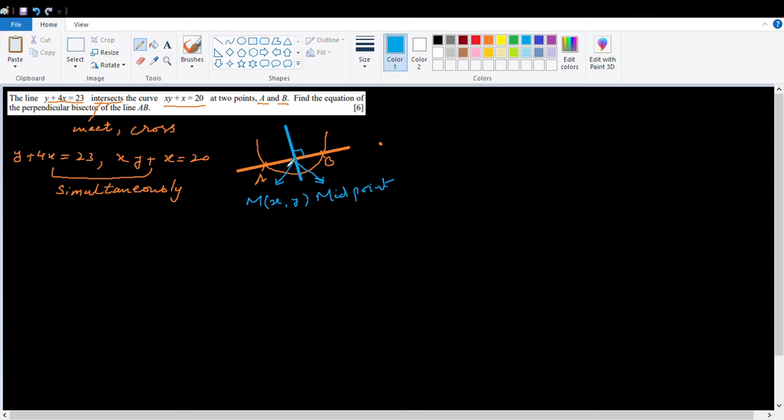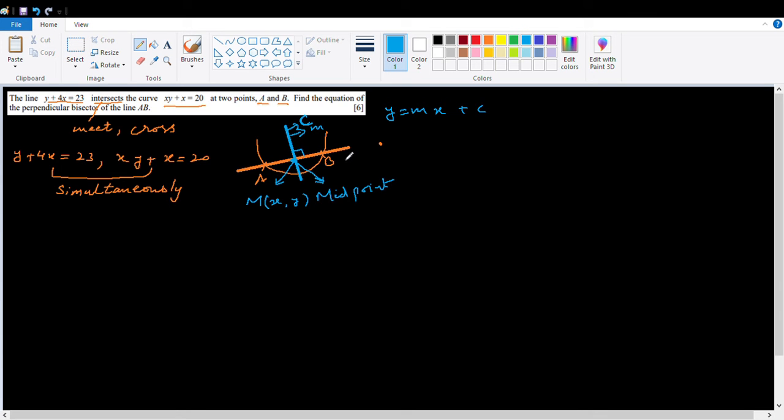Why we will find that, I will tell you later. Obviously we are supposed to use the equation y is equal to mx plus c, because we are supposed to find the equation of the line. This perpendicular bisector is basically a line, so we need to find m and c for this line.